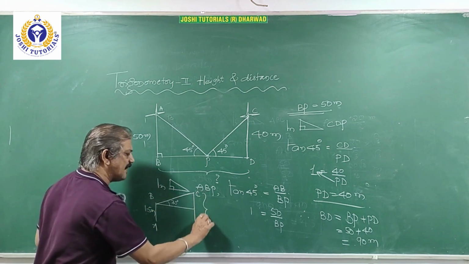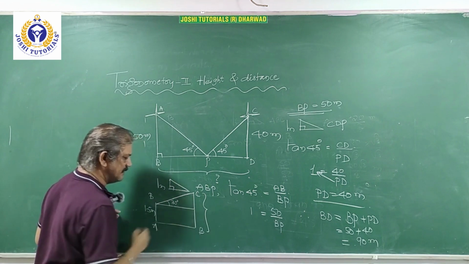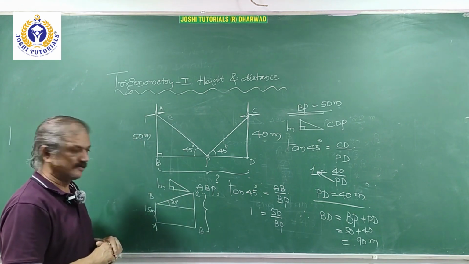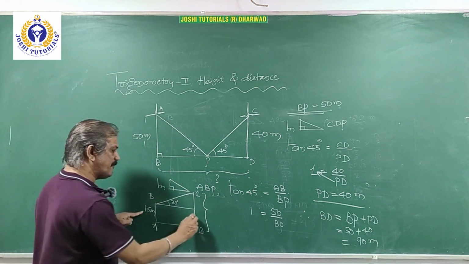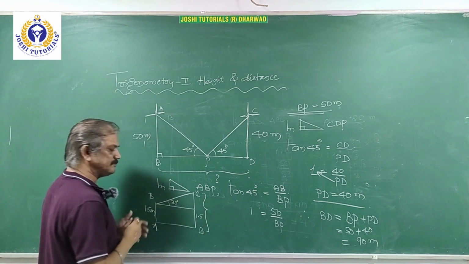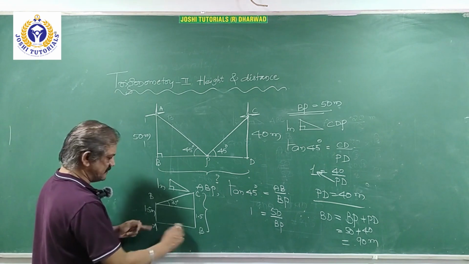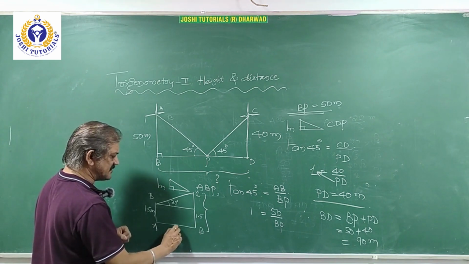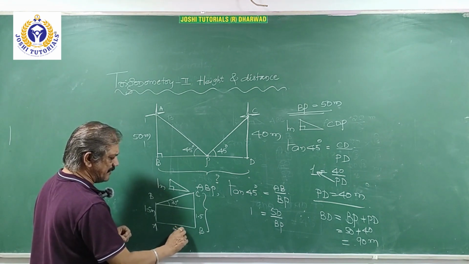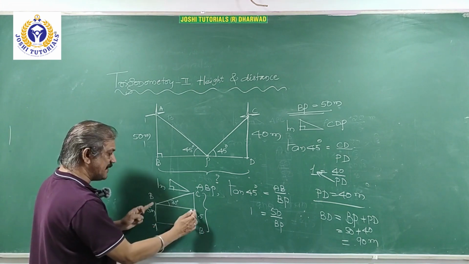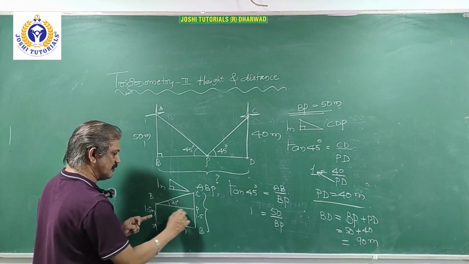Then what is the height of the building? If that is the question, remember 1.5 means it is 1.5. They give you the distance here, say about 20 meter. Then if it is 20 meter, it is also 20 meter here.